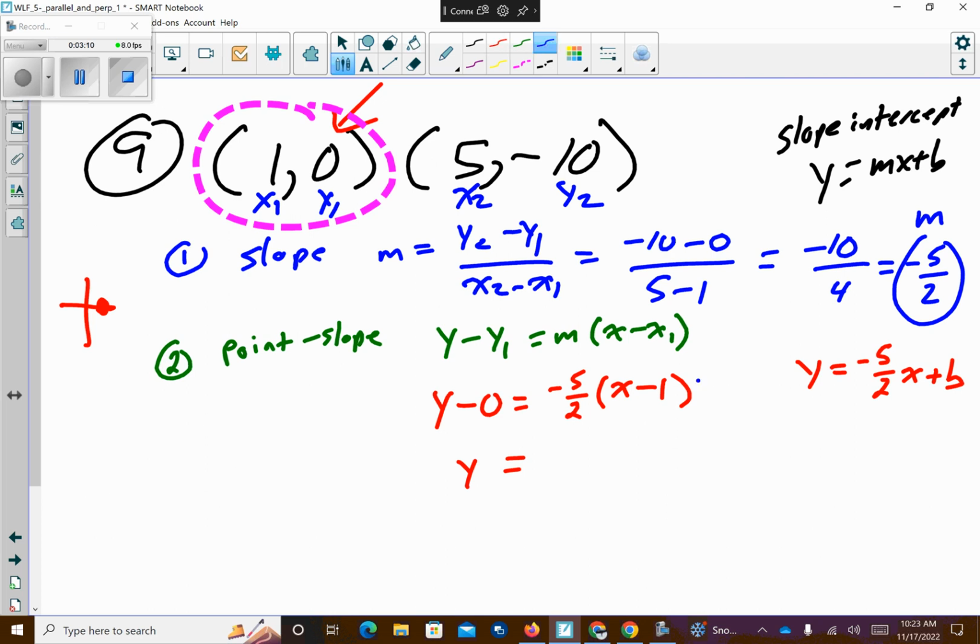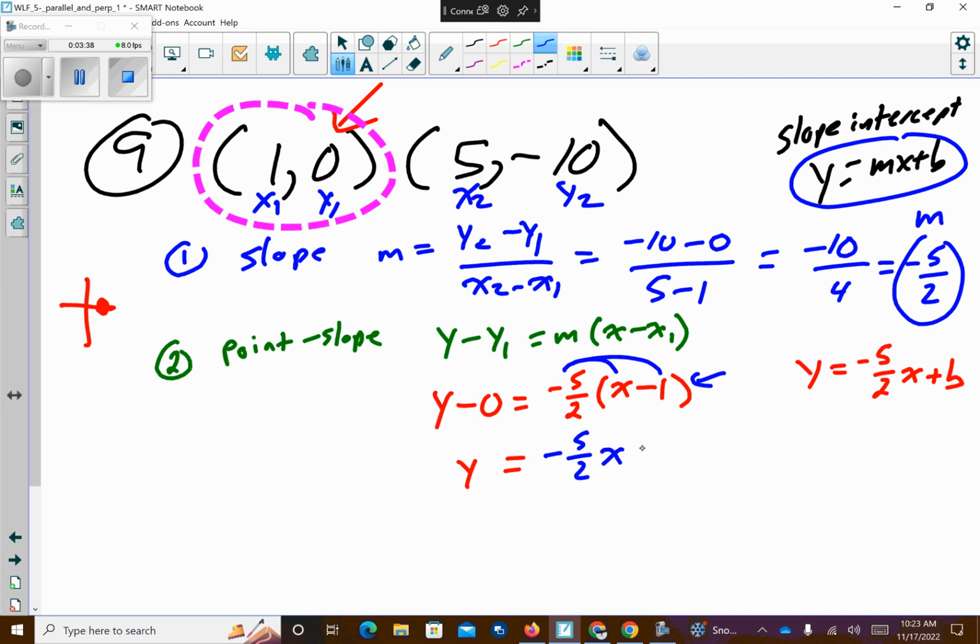How am I going to make this look like y equals mx plus b? I don't have parentheses in y equals mx plus b, so I'm going to distribute. If I have to distribute a fraction, hang on before you get all upset. What's negative 5 over 2 times x? Negative 5 halves x.